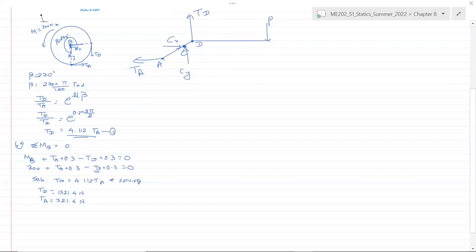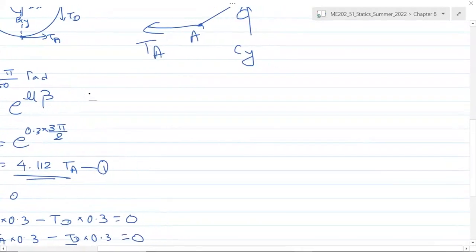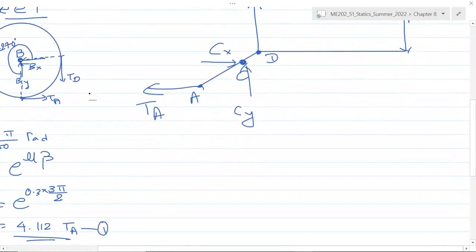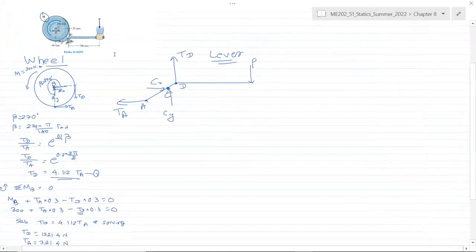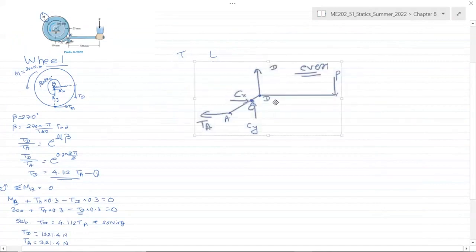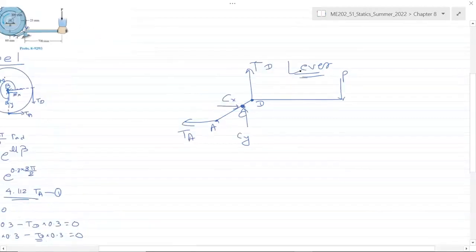So this is for the wheel and this is the free body diagram for the lever. We can now focus on this part of the solution. Let's move this here. This is TD and this is the lever.